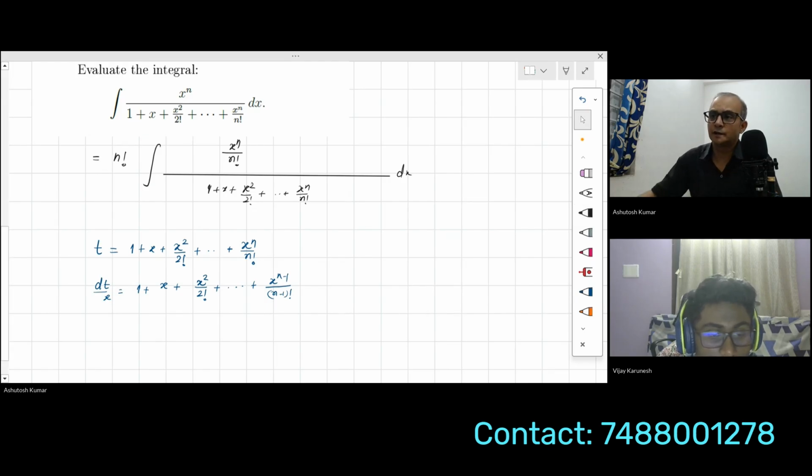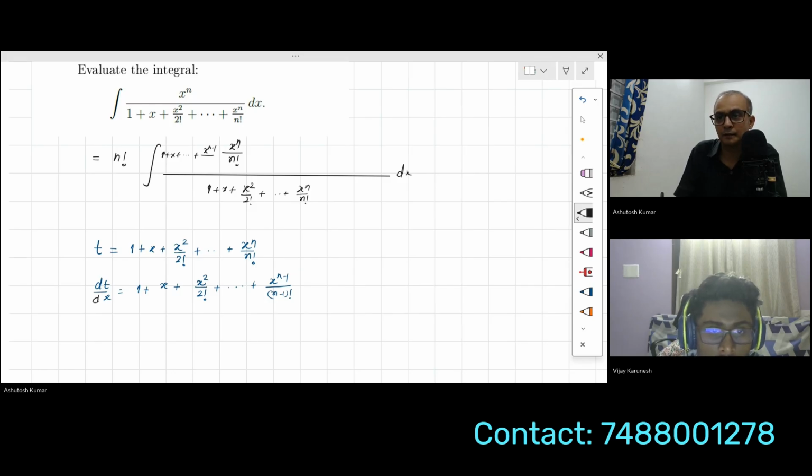So notice what we can do, as you are suggesting. Suppose I am taking this whole thing, adding there, this whole thing there. It's a dx by the way. So 1 plus x plus dot dot dot till I can write x to the power n minus 1 by n minus 1 factorial, and plus this.